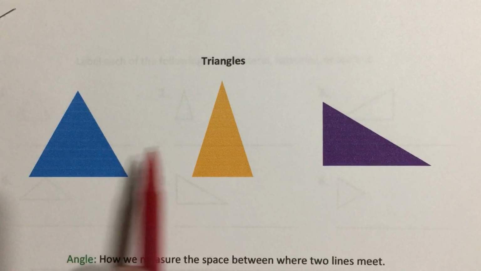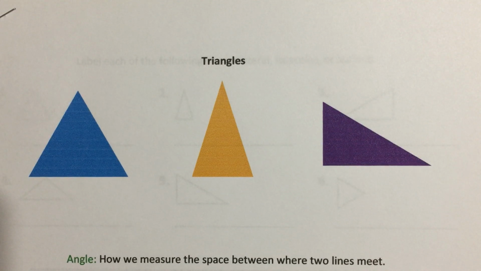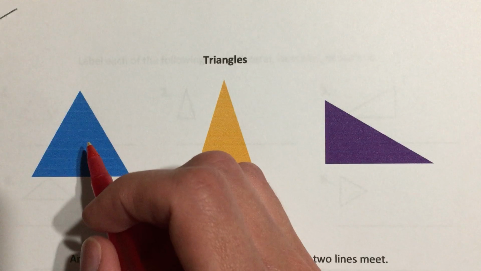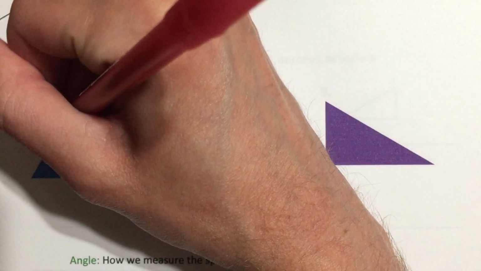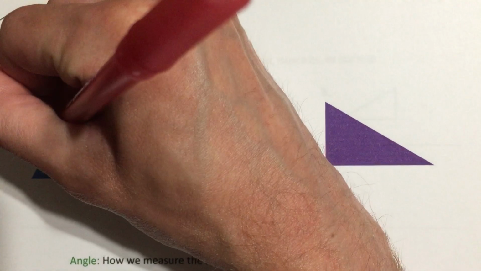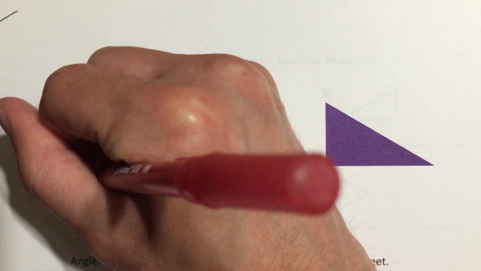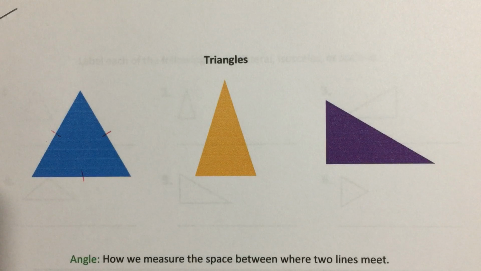Now, up on top, we see three different types of triangles. Three different colors, three different shapes. Color does not matter as much. The shape is what matters, and especially the sides. So, the first one we're going to look at is right here, this blue one. This blue triangle has, and we're going to bring back those lines that I was telling you about before, 1, 2, 3 lengths that are all the same.